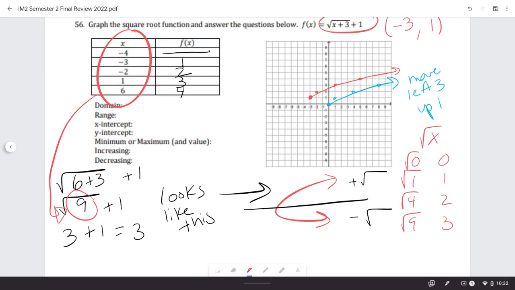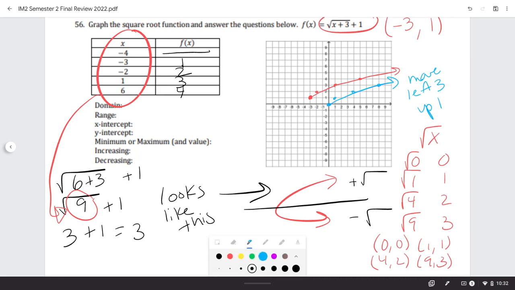Okay, so that's where you get your points from. (0, 0), (1, 1), (4, 2), and (9, 3). So those are two different ways of graphing. But it will still be the same point. So it'll be that one.